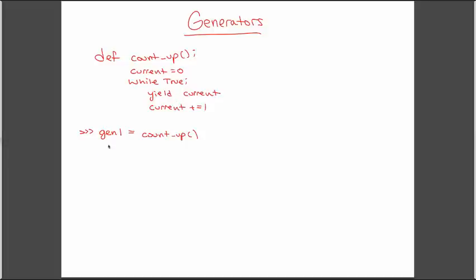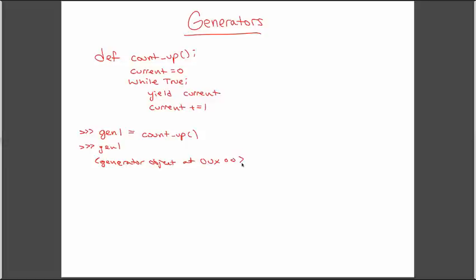It's going to assign this to gen1, and now if I call gen1, I'm going to get a generator object with some memory location. This generator object is actually pretty cool. It's an implicit iterator, so it already contains the next method built into it.